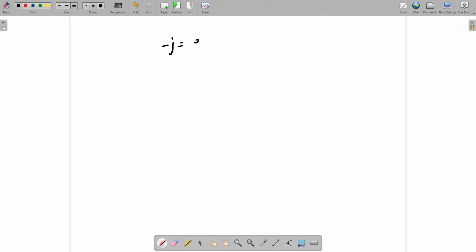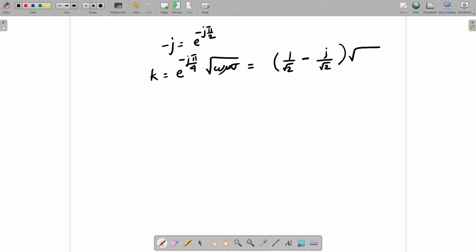Now, minus j can be written as e to the power minus j pi by 2, and therefore, k or the complex propagation constant can be written as e to the power minus j pi by 4 times root of omega mu sigma, and that can be broken up into 1 by root 2 minus j by root 2 times root of omega mu sigma, that is root of omega mu sigma by 2 minus j root of omega mu sigma by 2.